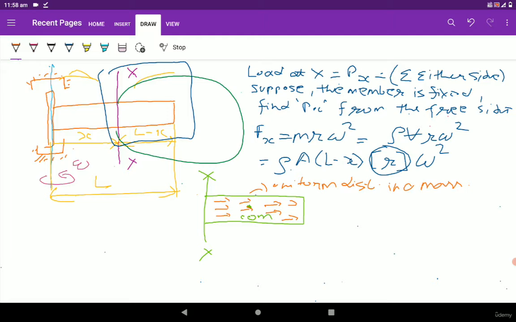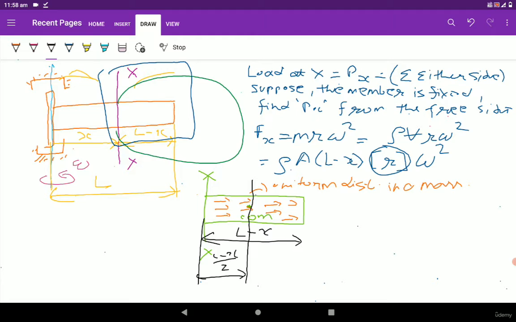The length here is L minus x, so from the center of mass this length will be L minus x by 2.